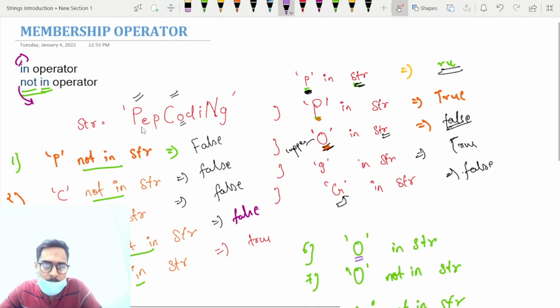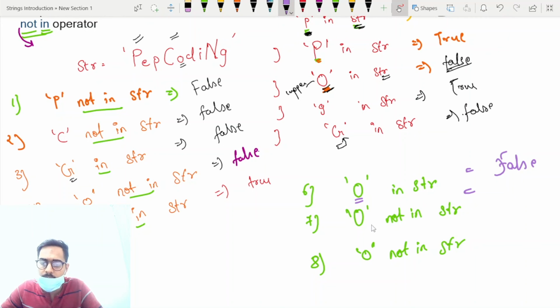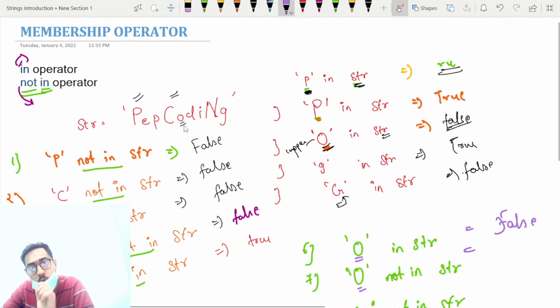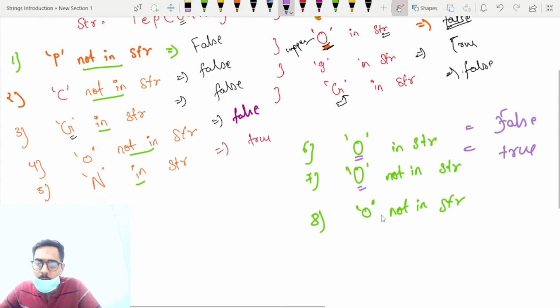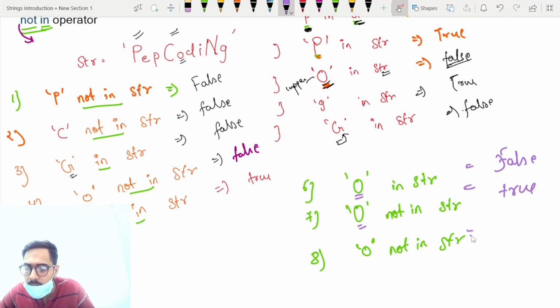Is capital O present? No, it is not present. So the output will be false. Next, capital O not in str. Yes, capital O is not present in str. So it will give you true. Last one, o not in str. Is small o not present in str? No, it is present, but it is telling you it is not, so this will give you false.